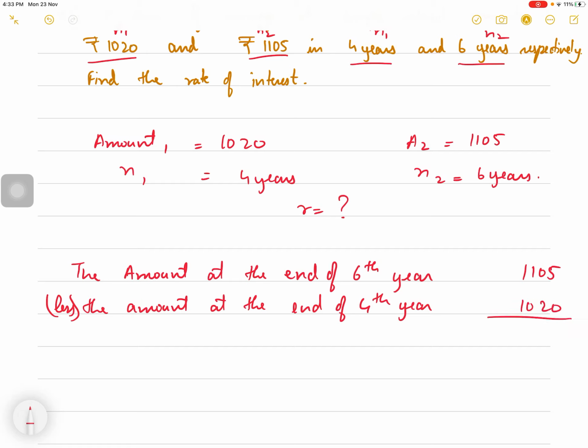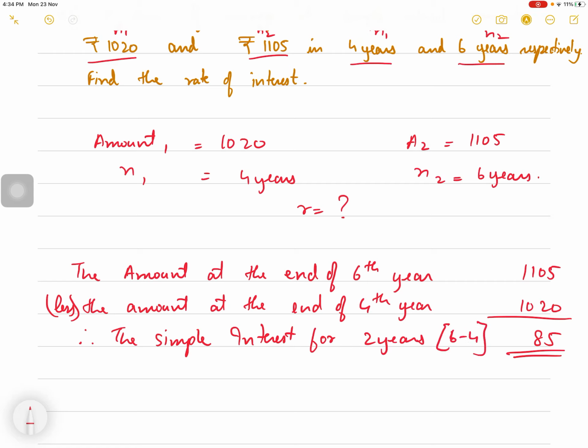So 1105 minus 1020 comes to 85. So this 85 is simple interest for 2 years, which is 6 years minus 4 years. Correct? So for 2 years, interest is rupees 85.